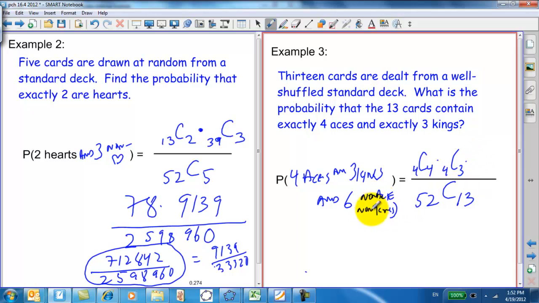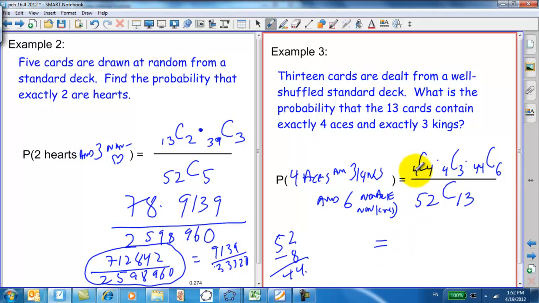And we need to get 6 non-aces, non-kings. Well, you've got 52 cards. You've pulled out the aces and kings, so take out 8, and you're down to 44 cards. So 44C6. What's often the case here is your left subscripts add up to the total you're taking from: 8 and 44 is 52. And the right subscripts add up to how many you're taking at a time: 4 and 3 and 6 is 13.